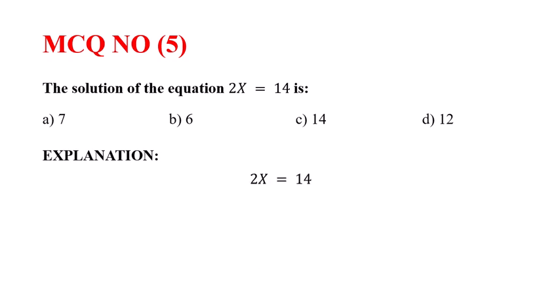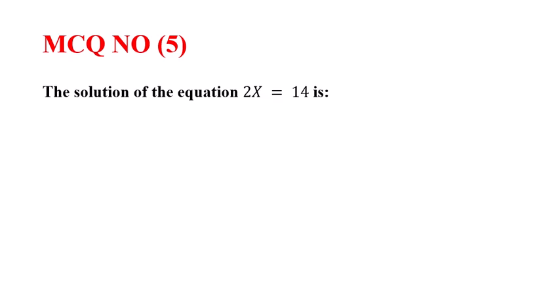Explanation: the given equation is 2x is equal to 14, x is equal to 14 divided by 2, and after dividing 14 by 2 we get 7. So the final answer of MCQ number 5 is option A is correct, that is equal to 7.